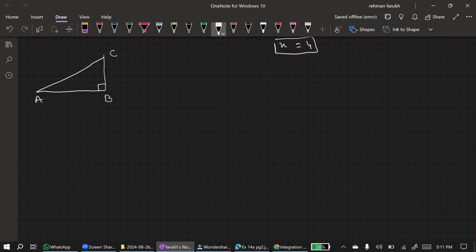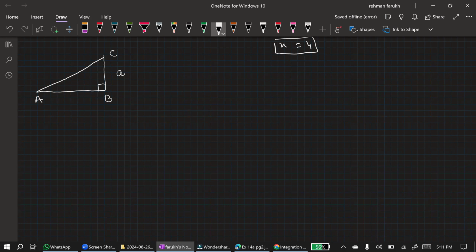The side opposite to the angle A is AB, BC or CA? Which side is opposite to the angle A, Meeram? BC. Now we will name this side BC as small a. The name of the side BC is small a.